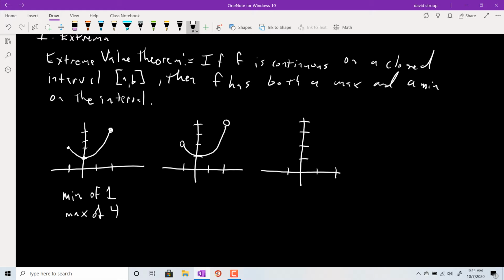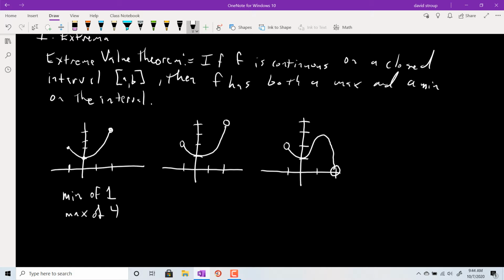So, for example, this picture is not continuous on the closed interval, but it certainly has a min and a max, right? Maybe it goes up to 3 and then jumps back down to maybe 0 right here. So certainly on the interval from -1 to 2, it's not continuous.